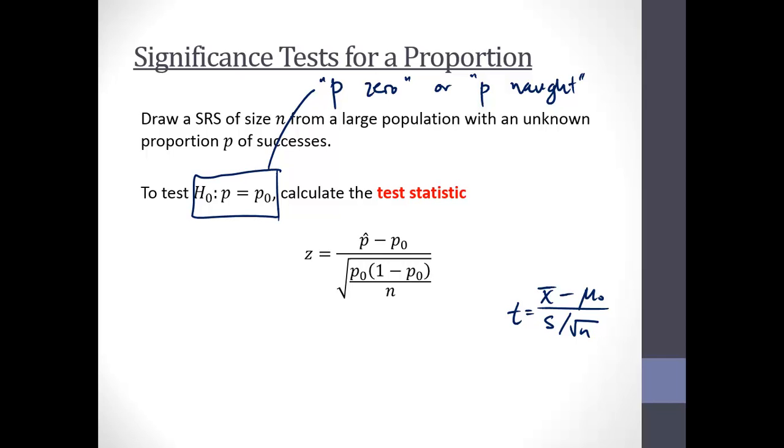We're taking our estimate minus the hypothesized proportion, and then dividing it by something that looks like that standard error we had before, except a slight difference is that it's now p0 times 1 minus p0 in that denominator. So can anyone see if you can get this? Why do I have a p0 there in the denominator? Does anyone have an idea on that?